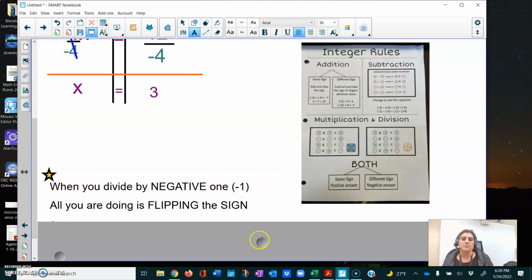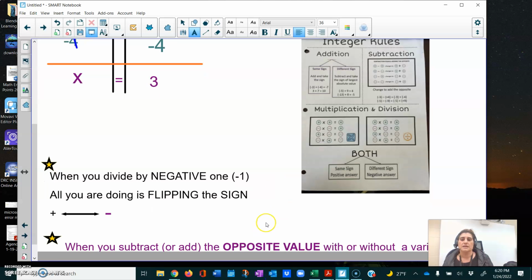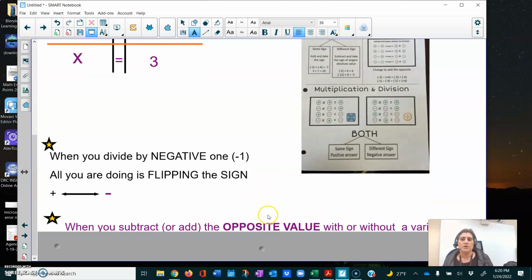A couple of other things he told us today: when you divide by a negative 1, all you're doing is flipping the sign. So if you have a negative, you're flipping it to make it a positive.